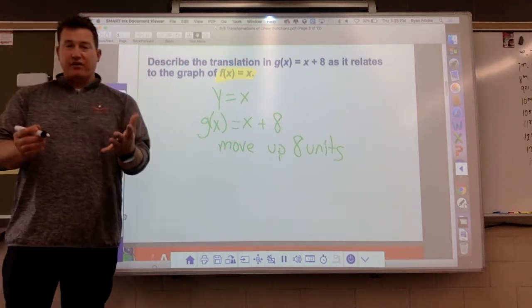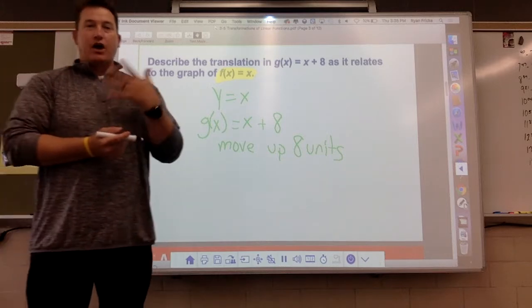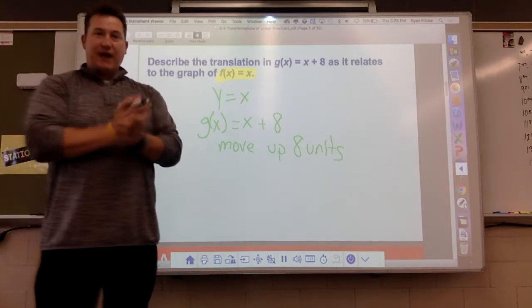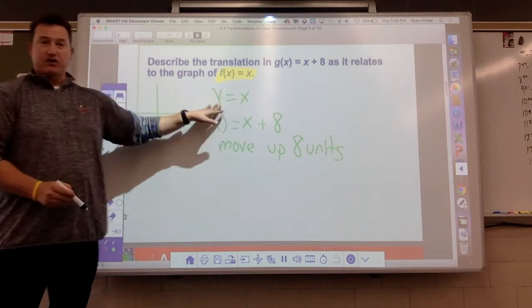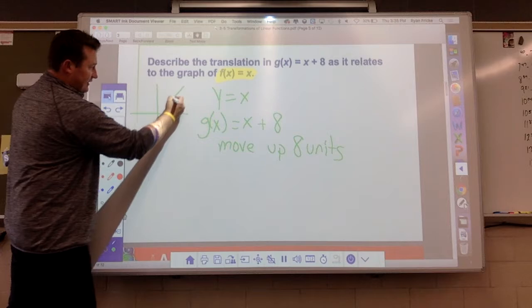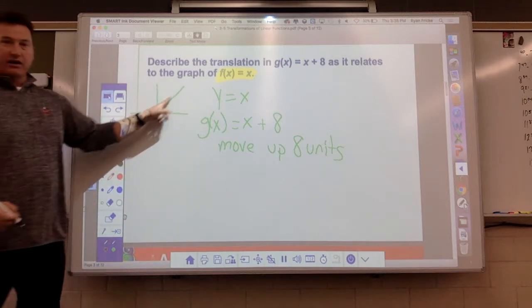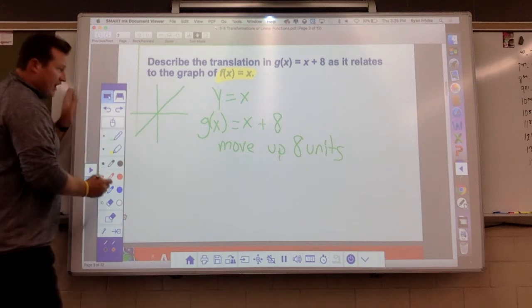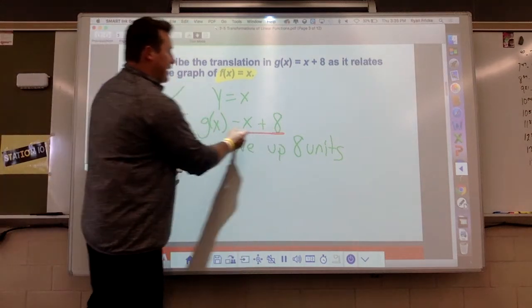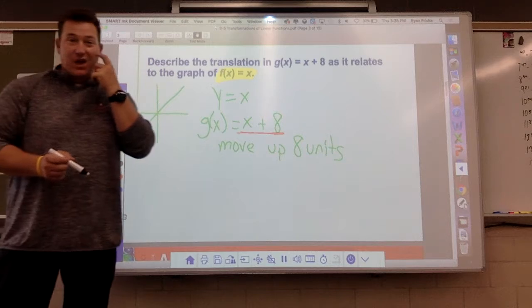And here's the deal, guys. If you're not sure, graph it on Desmos and see what happens, okay? So if we were to graph these on Desmos, my parent function is just y equals x. That literally just looks like this line right here. Goes right through the origin. It's just that diagonal line. If we were to look at this one here, I'll graph it in red. This is going to be x plus 8. So think about it.